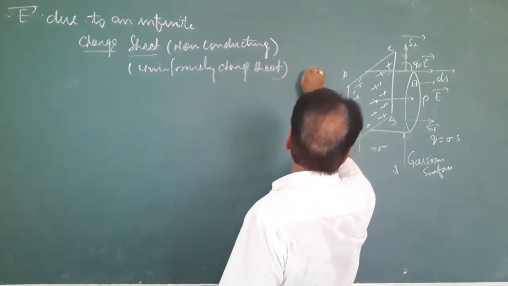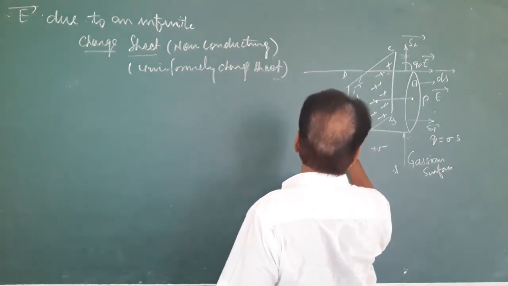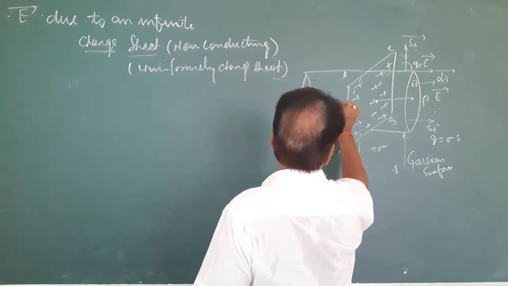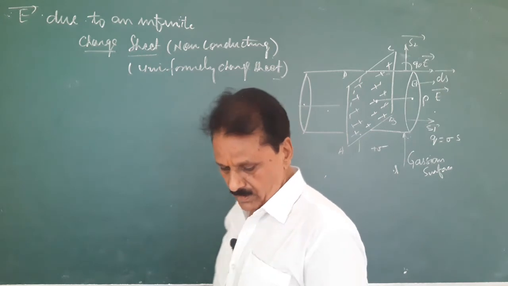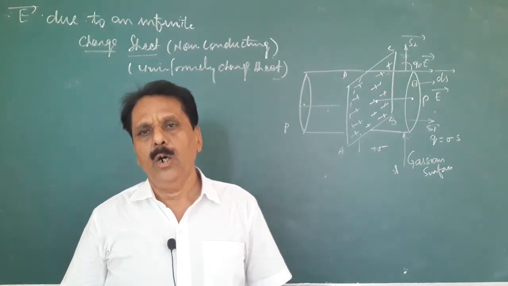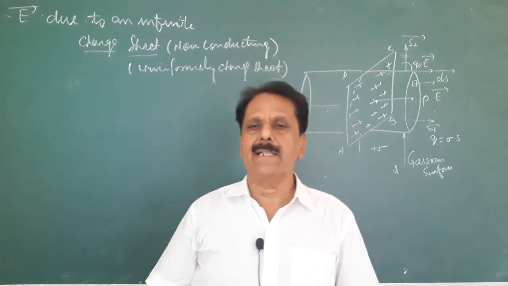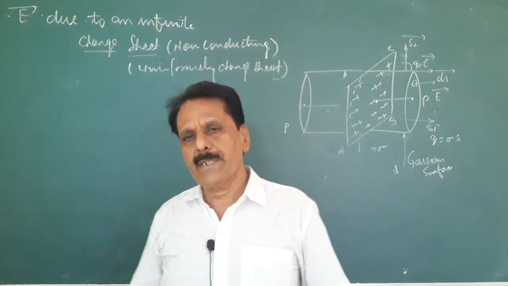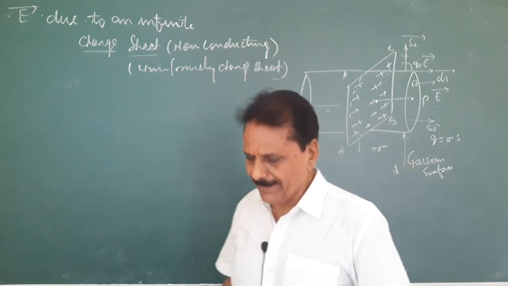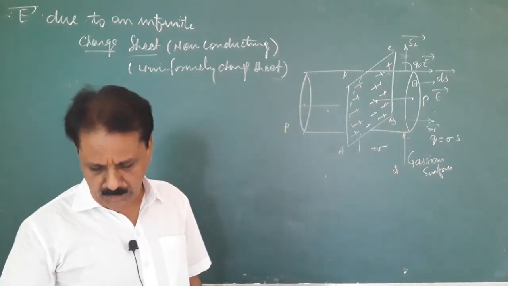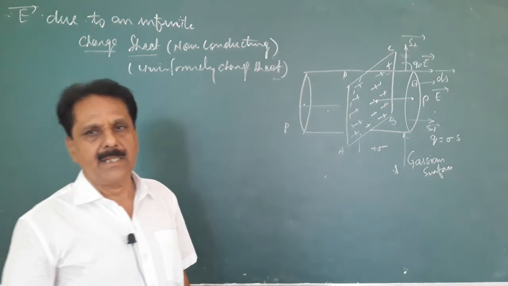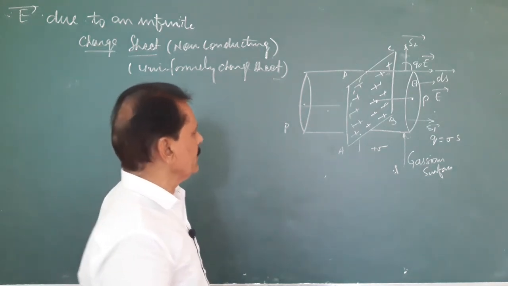In the case of a non-conducting sheet, we will construct a Gaussian surface on both sides, because whatever charge is given to this non-conducting sheet will be distributed on its surface as well as inside the surface of this infinite non-conducting sheet. Therefore, the electric flux or electric field lines will be generated on both surfaces of this sheet, that means on the left hand side as well as on the right hand side of the sheet.